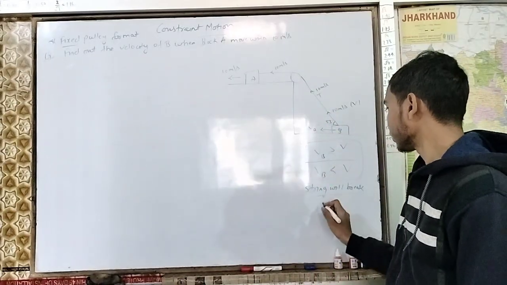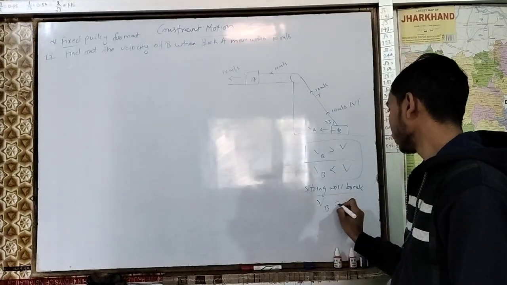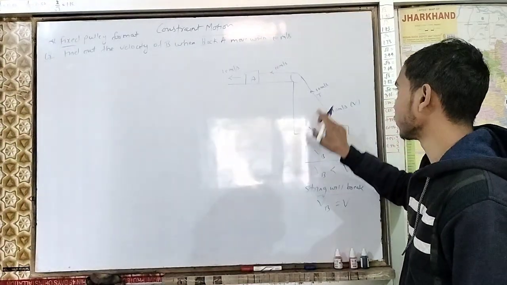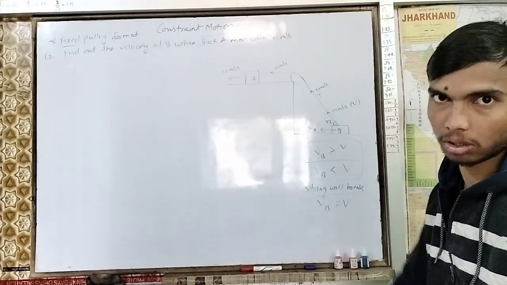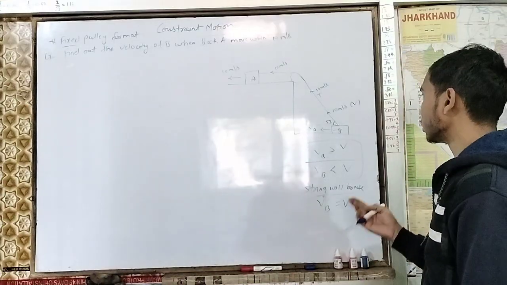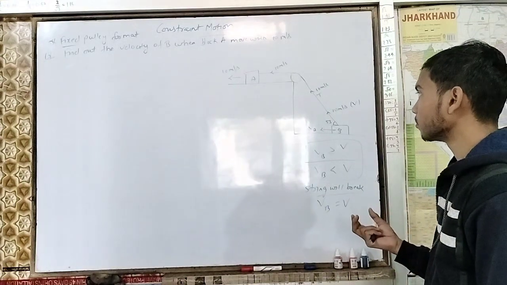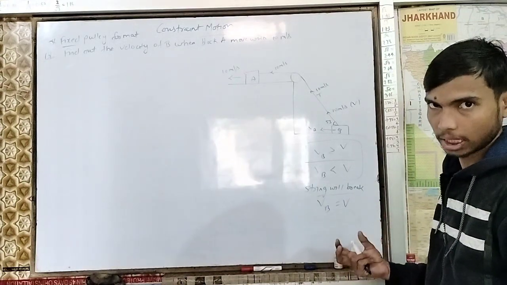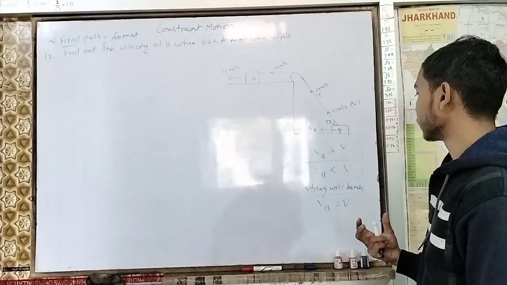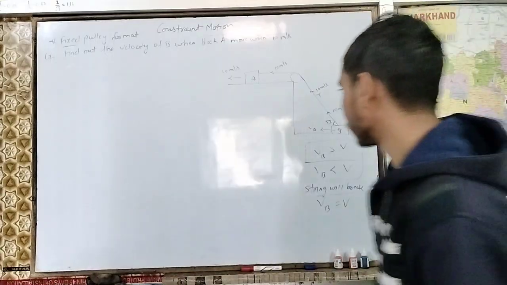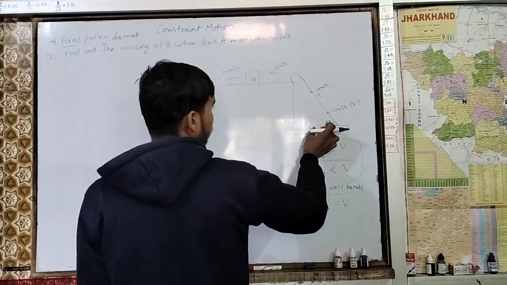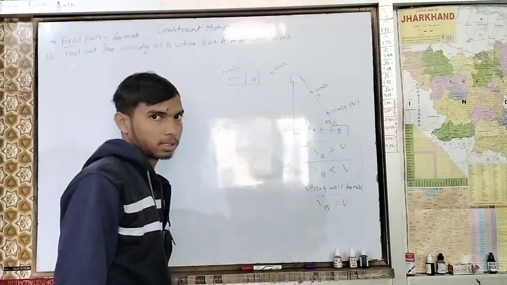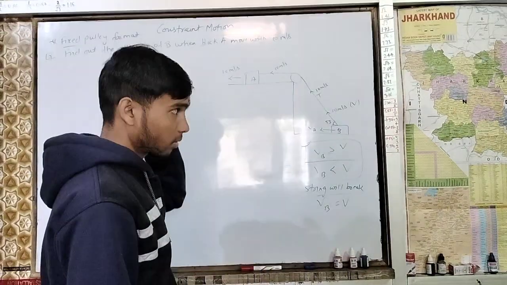So the velocity of B should be equal to V, so that our string cannot break and cannot slack. That's why we will consider this velocity of B as 10 meter per second.